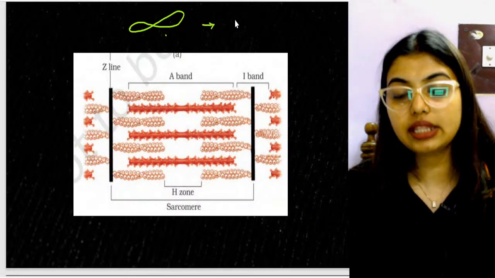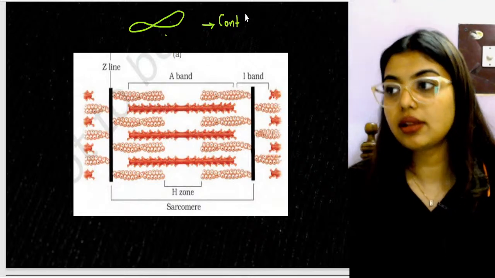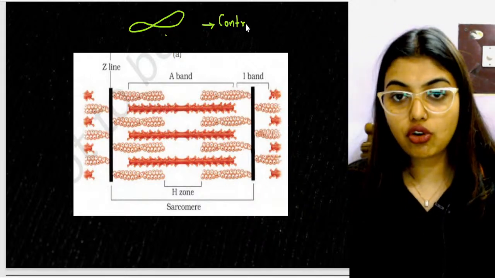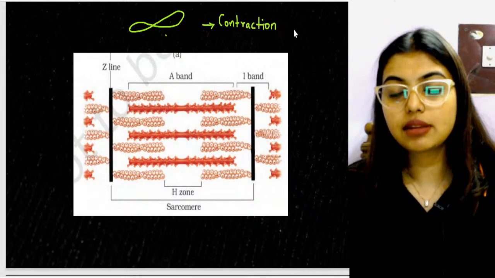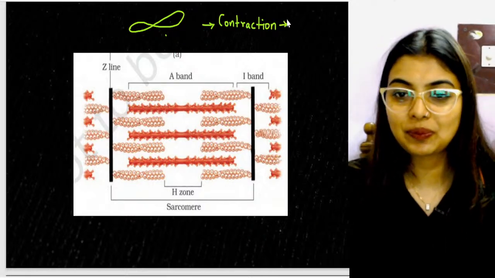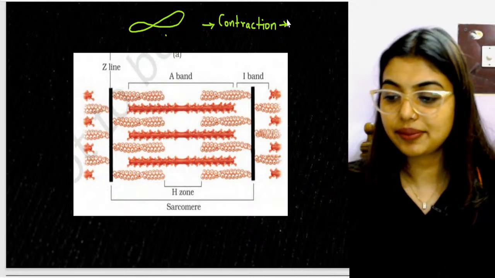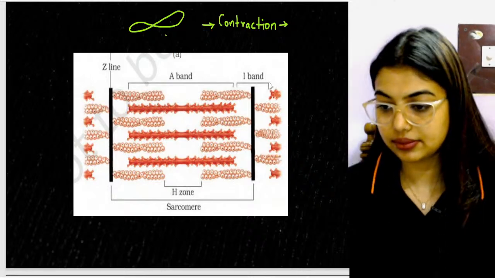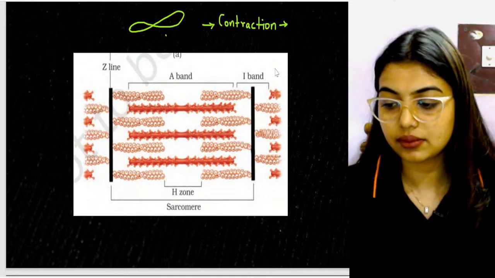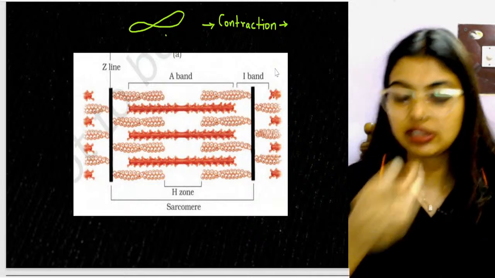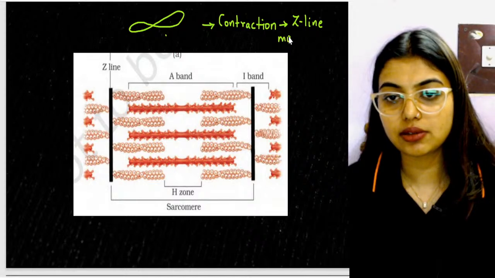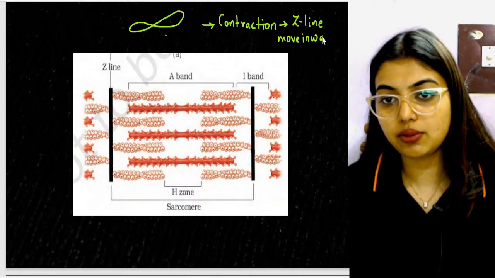So remember, when contraction happens, a few things are going to happen. The Z line will move forward, or the Z line moves inwards.